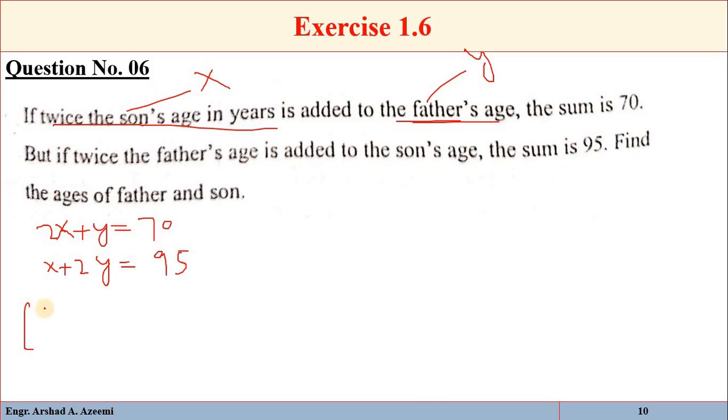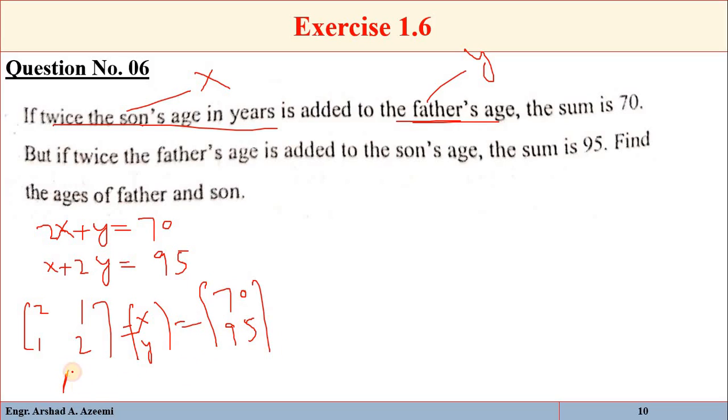So just convert it into matrix form: [2 1; 1 2] times [x; y] is equal to [70; 95]. Okay, so this is matrix A, this is matrix X, and this is matrix B. Now we know that X is equal to A inverse B. So first find out A inverse.